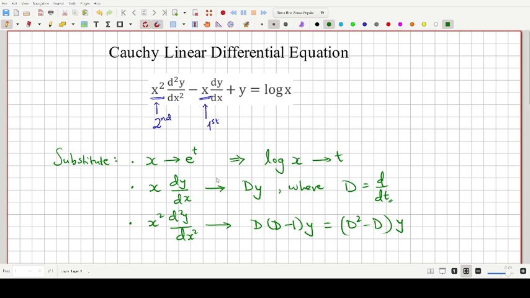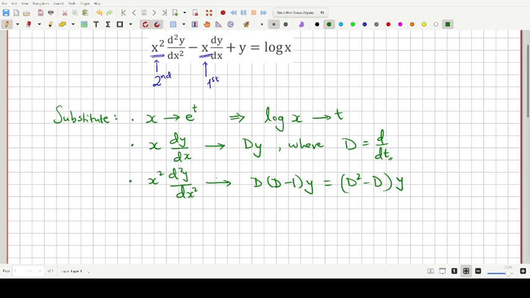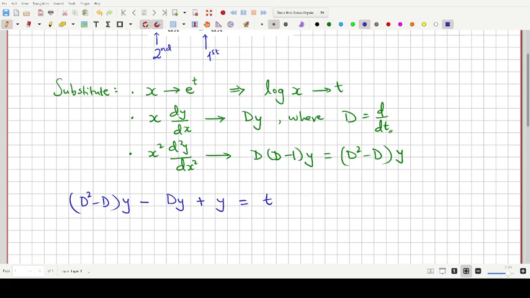So with these substitutions, we will get a new equation which we can write down as (D square minus D) times y minus Dy plus y is equal to t, correct? Because the right hand side is log x, which is equal to t.